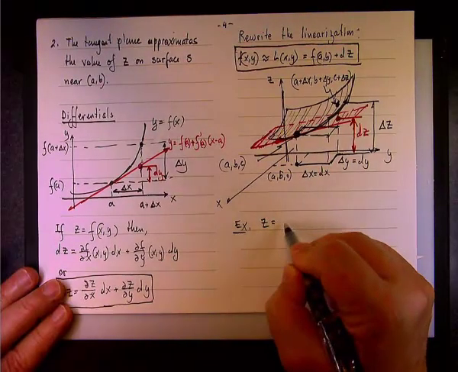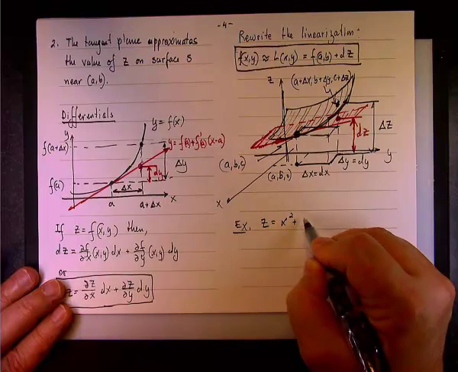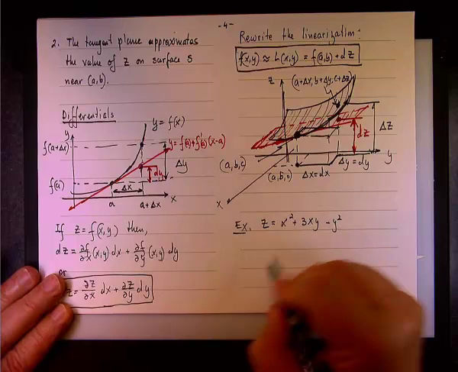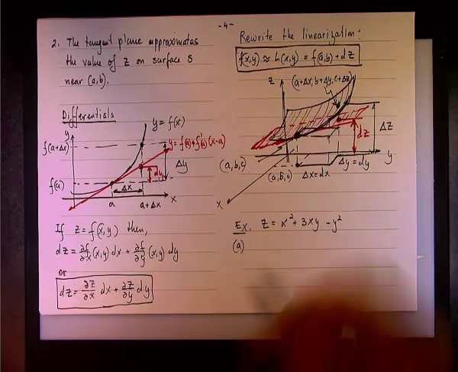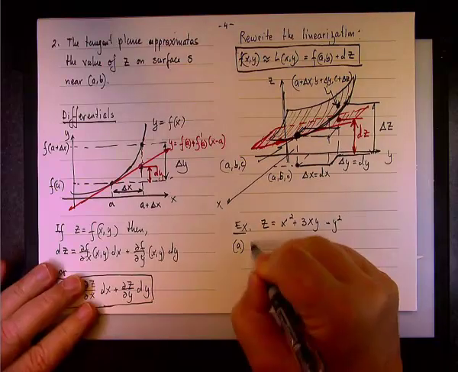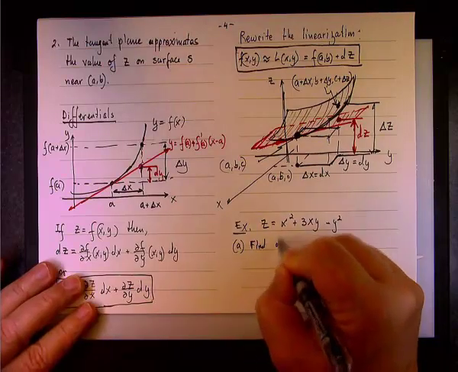All right, here's an example. Okay, given z equals x squared plus 3xy minus y squared, we need to find the following.